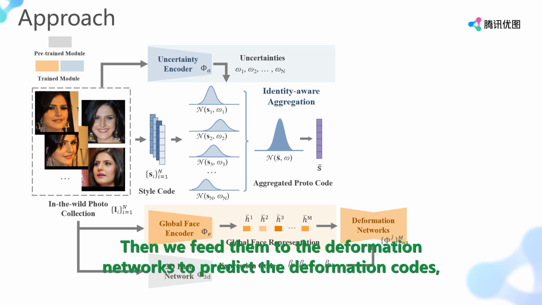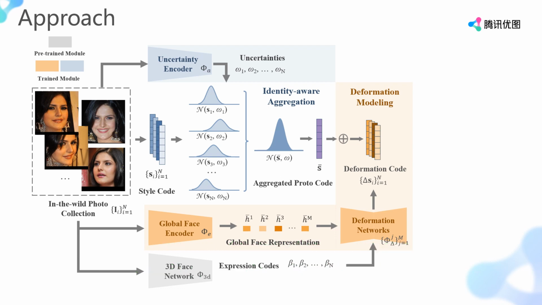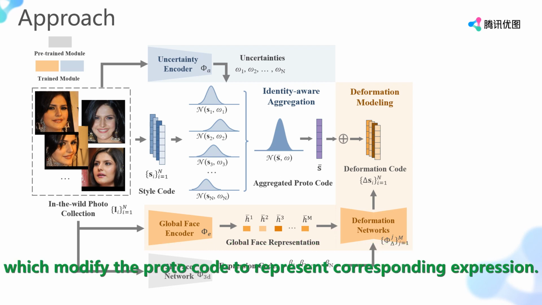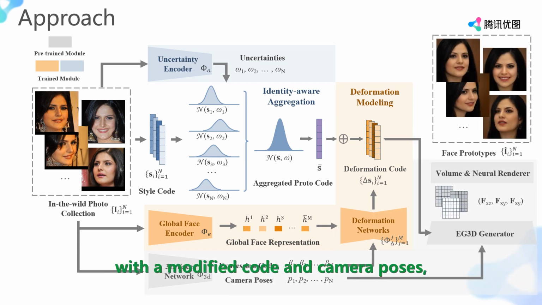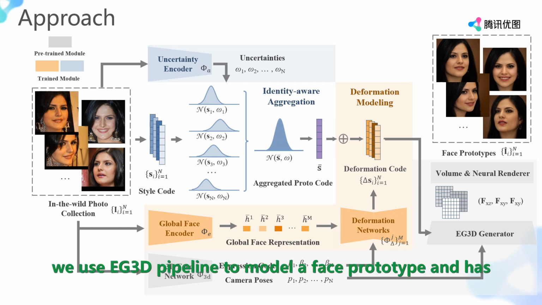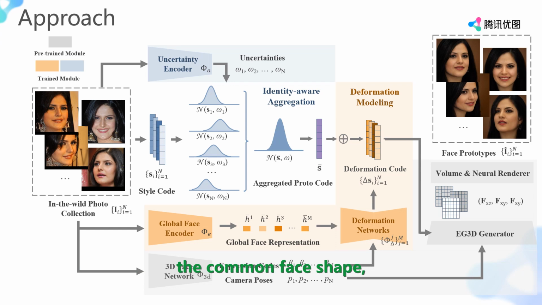Then, we feed them to the deformation networks to predict the deformation code, which modifies the protocode to represent the corresponding expression. Finally, with the modified code and camera poses, we use the EG3D pipeline to model a face prototype that has the common face shape but different expressions. The networks are trained under consistency losses, and the EG3D pipeline is frozen.